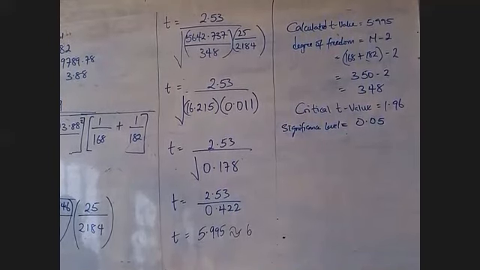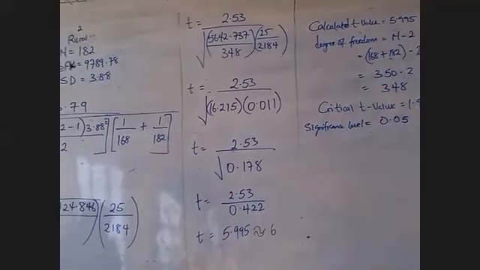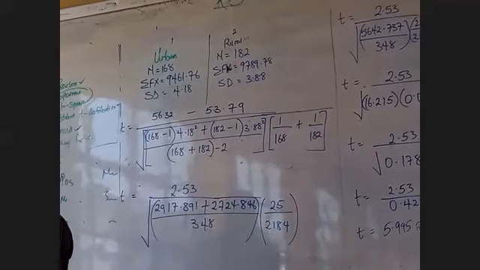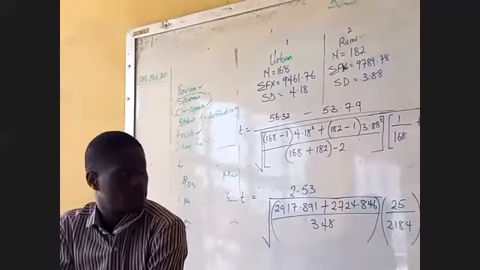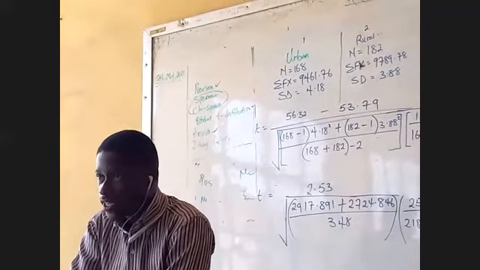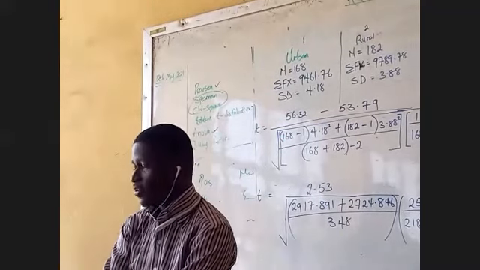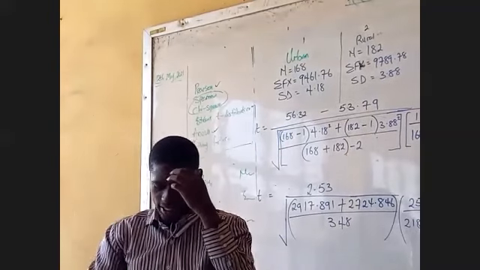The calculated t-value was 5.995 as the residential location influence on the performance of students in STAT.